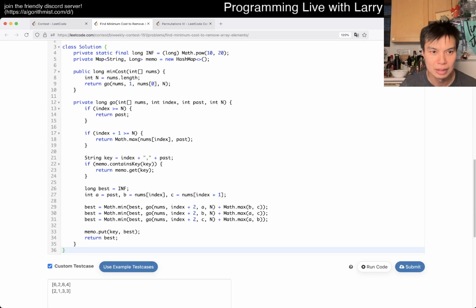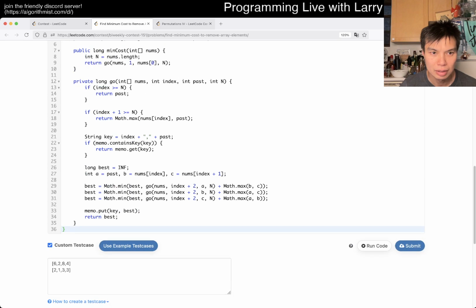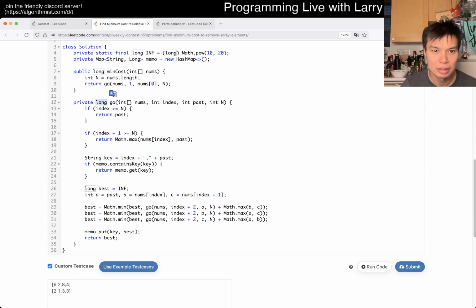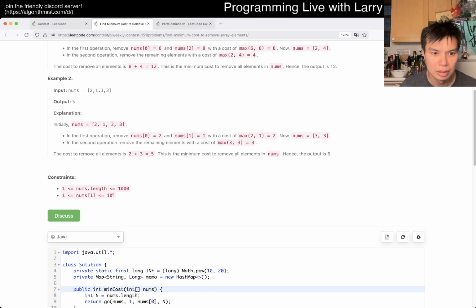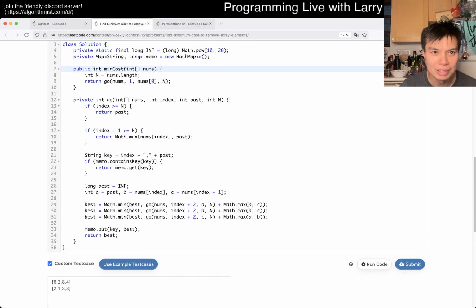B. It should be an int. There are 1,000. It should be. Oh wait, nums of I is pretty. No. That's still with an int. Where am I using long? This is the one.